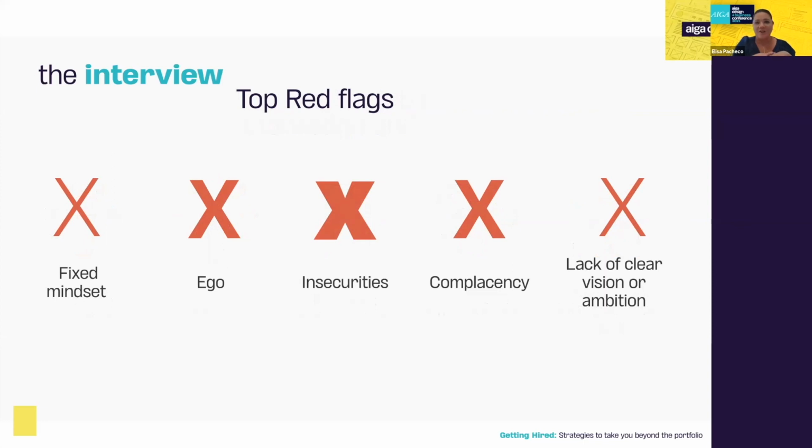Number 2, the ego. Ego can be toxic for any organization or team. It's my responsibility as HR to make sure all the team members are considered and listened to, and aligned towards one common goal, so we can move forward as the organization needs.